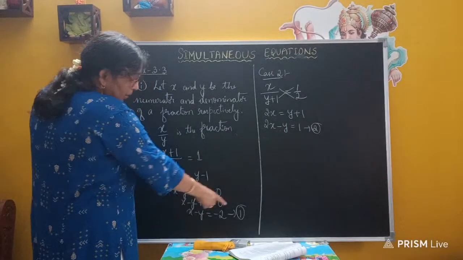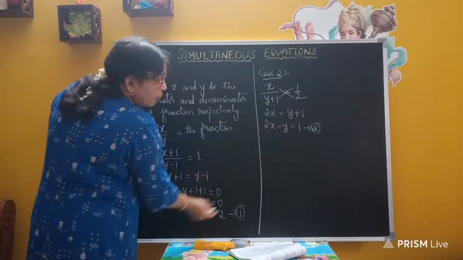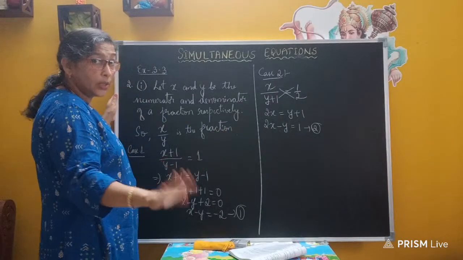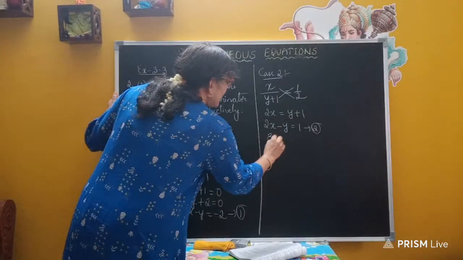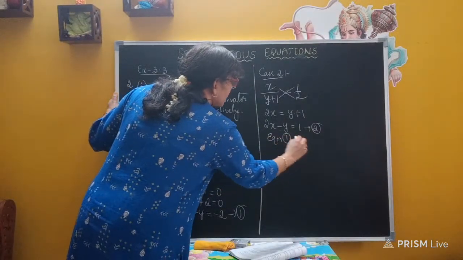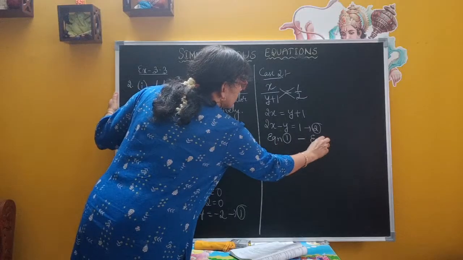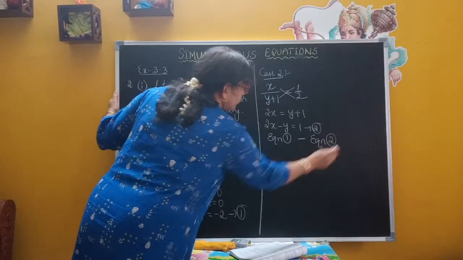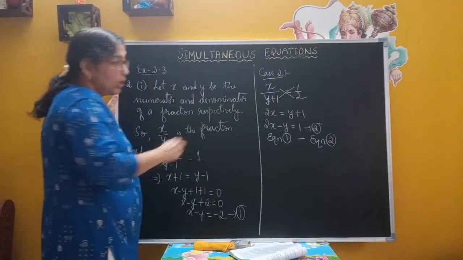So let us subtract equation 2 from 1 or 1 from 2. Anything can be done. Okay. So let me write equation 1 minus equation 2. Let us write in column wise.